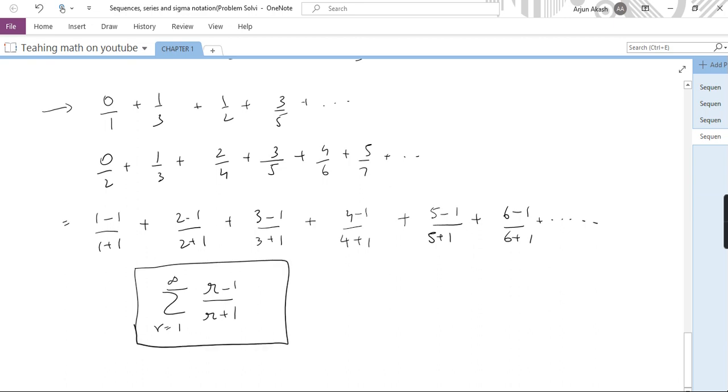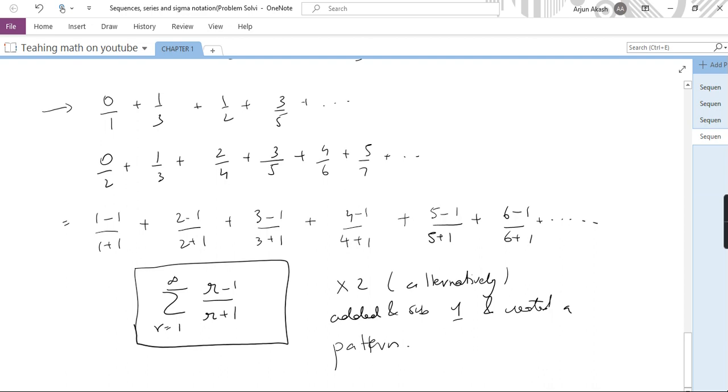Yeah, sometimes this can be a bit tricky because you have to go around and multiply numbers. Like here we first multiplied by 2 alternately, and then we added and subtracted 1 and created a pattern. It's all about creating patterns and looking into them. And it's quite fun to be honest.